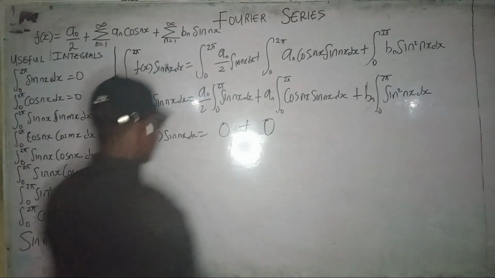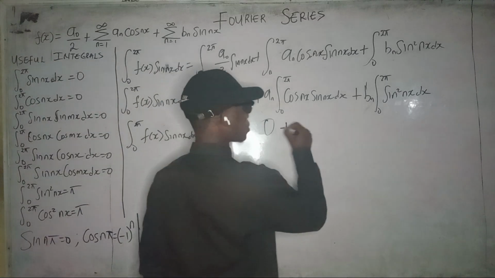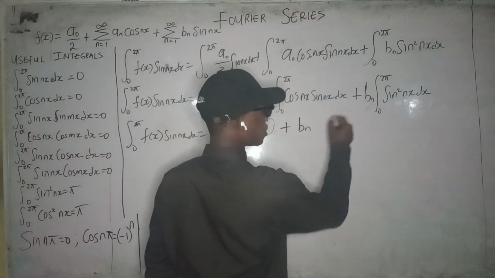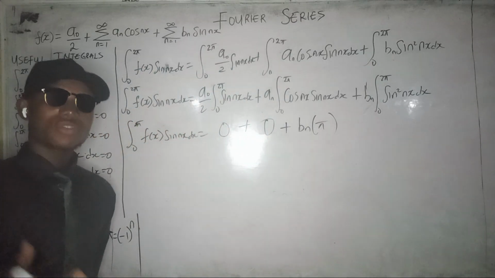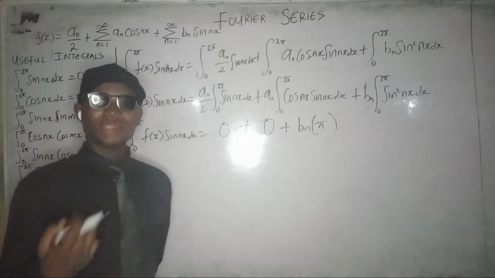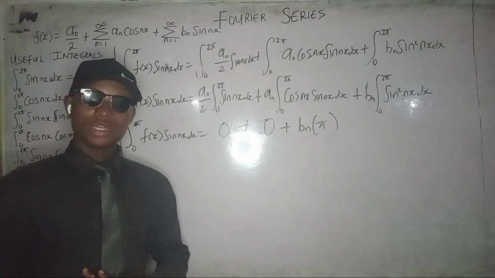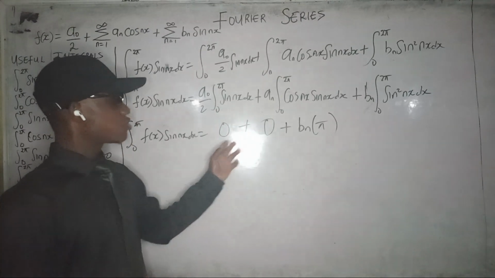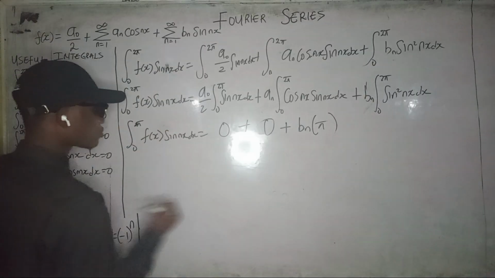And the sine square nx here is equal to pi, that is equal to bn here. Then we have our pi. Now these are not just assumed values, these are integrals, and if you are good at integrals you can go through the process and try to solve them step by step, and you see that these are actually the values. That is, you are going to get 0, 0, and you are going to get pi. So now let us move on.